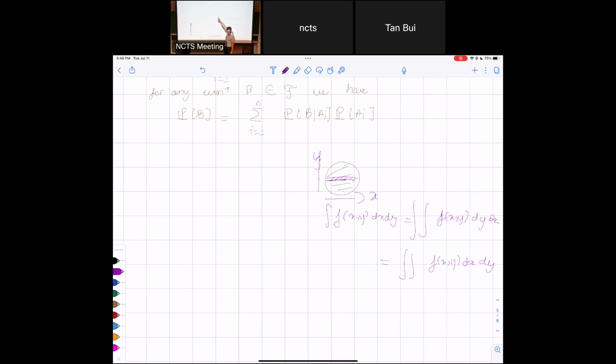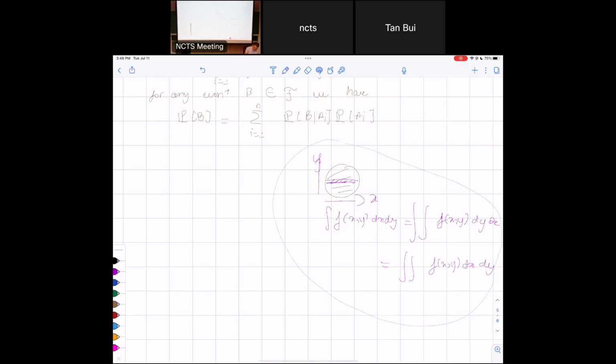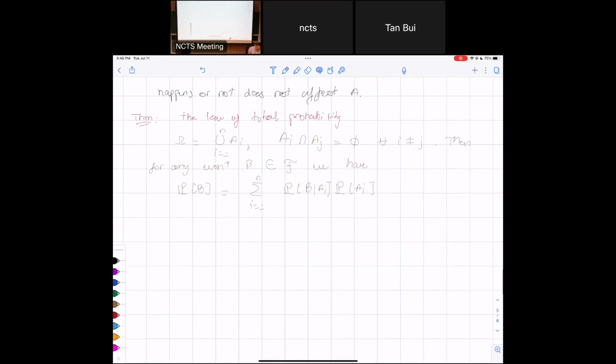You chop your thing into pieces, and then you add them up. So it's more generic, right? This is iterative integration if you do elementary integration, but it's also the Fubini theorem if you do Lebesgue integration. Anyway, it's just a little bit of connections. That's how I make connections between math and different fields. Always try to make connections whenever you can.